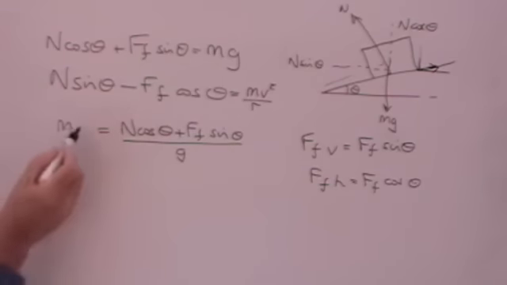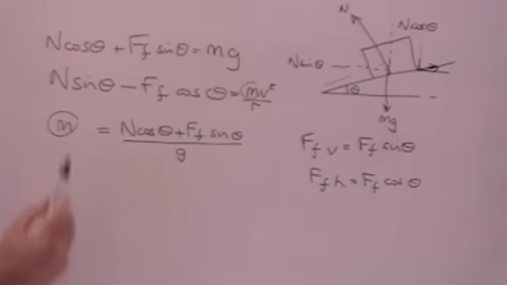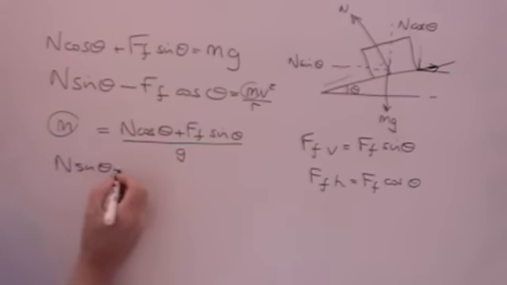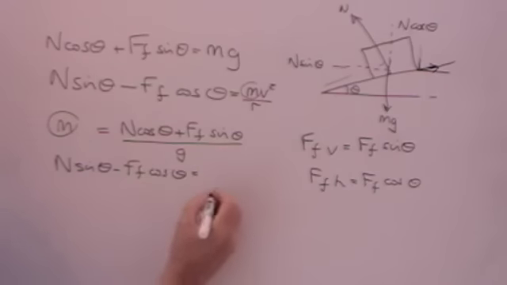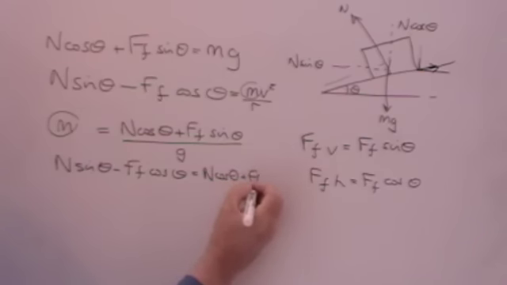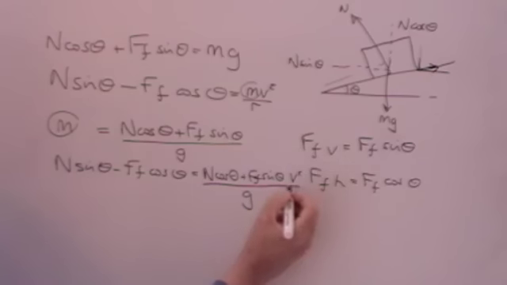And again, I can substitute that value for m into this here, and so this equation becomes N sine theta minus Ff cos theta is equal to m, which is N cos theta plus Ff sine theta over g, times v squared over r.